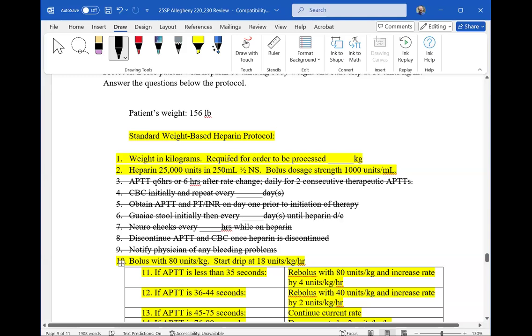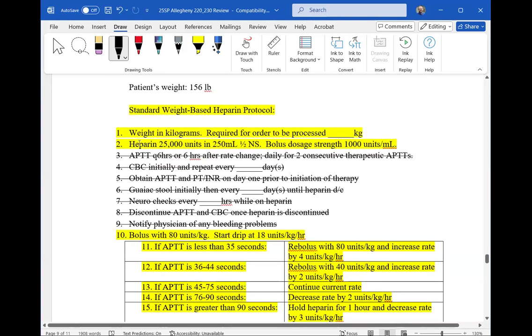All right. So basically, what the weight-based heparin protocol is, you know that heparin is an anticoagulant. It's to prevent clotting, and it's usually given to someone who's going to be bedridden, especially an elderly person after hip surgery or something like that. And you have a couple factors.